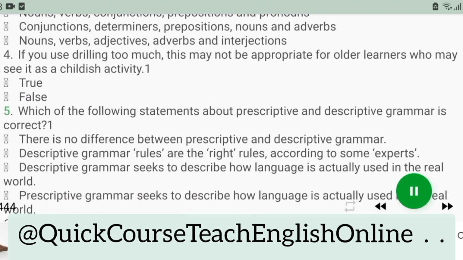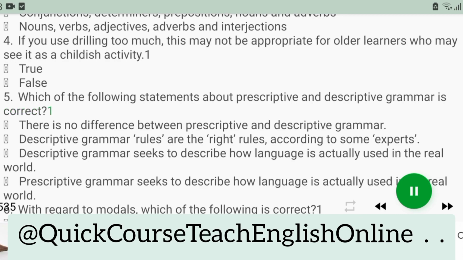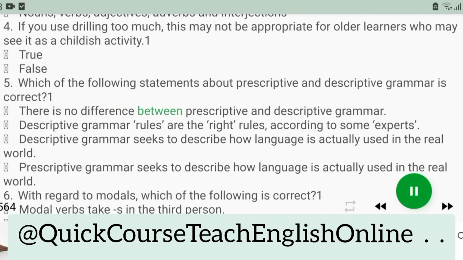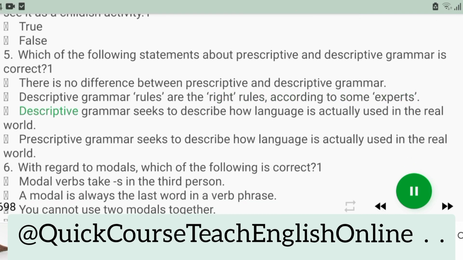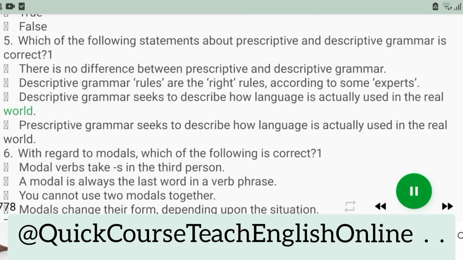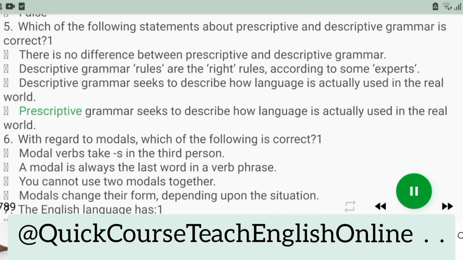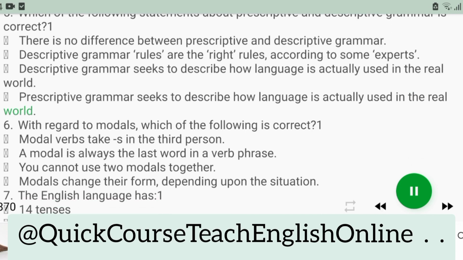False. 5. Which of the following statements about prescriptive and descriptive grammar is correct? 1. There is no difference between prescriptive and descriptive grammar. 2. Descriptive grammar rules are the right rules, according to some experts. 3. Descriptive grammar seeks to describe how language is actually used in the real world. 4. Prescriptive grammar seeks to describe how language is actually used in the real world.